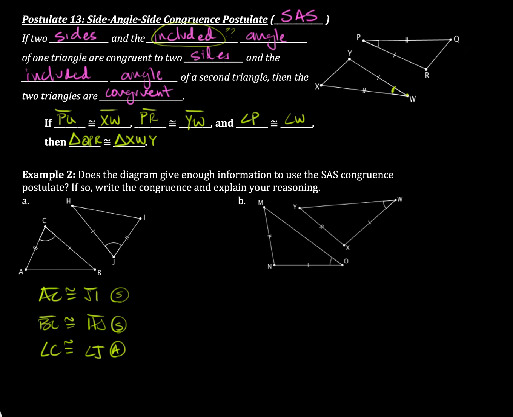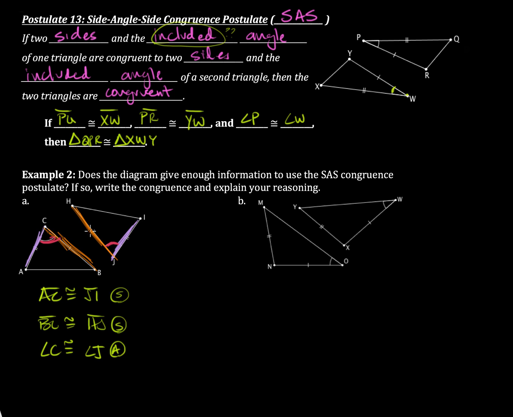So if I color code some of these things, segment AC congruent to segment JI, segment BC congruent to segment HJ, and then I have angle C congruent to angle J. You'll notice that as I color coded, which sometimes can help visualize things, it matches up, right?